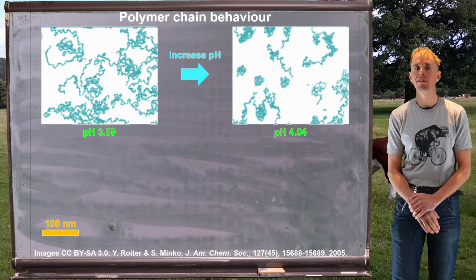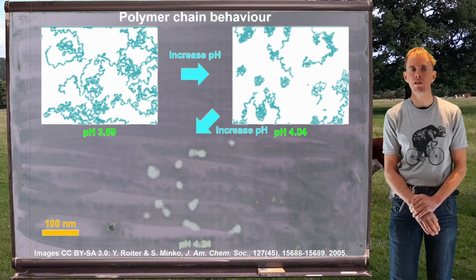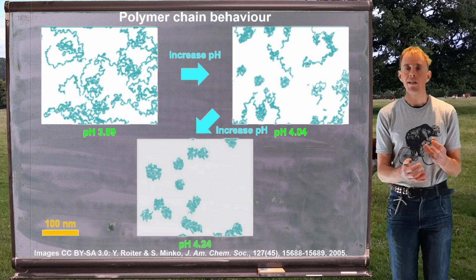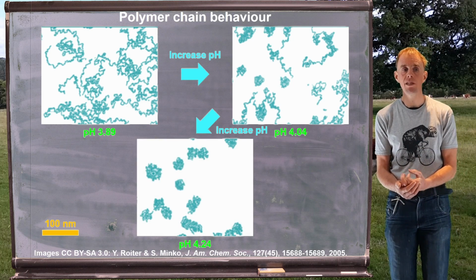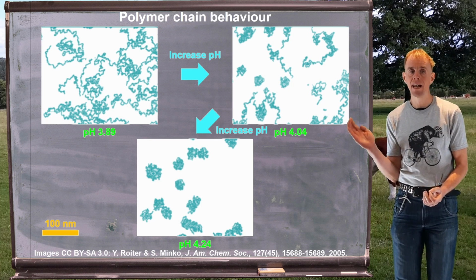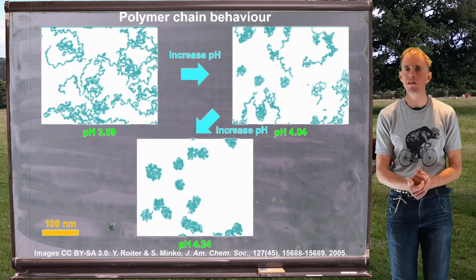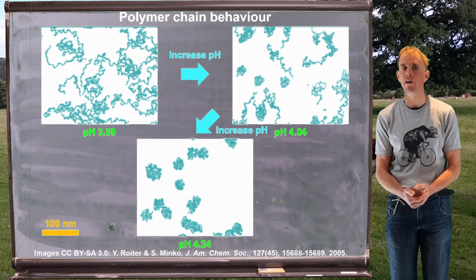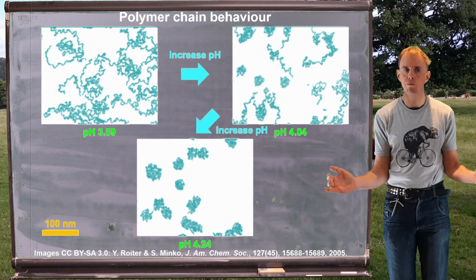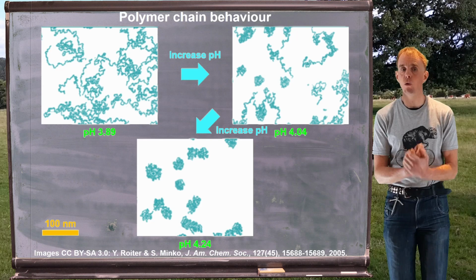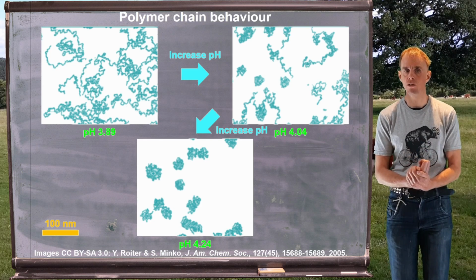That effect is accentuated if the pH is raised further, and the polymer chains effectively become globular. And we can see between that first image and that last image, all we've done is change the pH by 0.25, and we've gone from nice open polymer chain conformations to very tightly coiled polymer chain conformations.